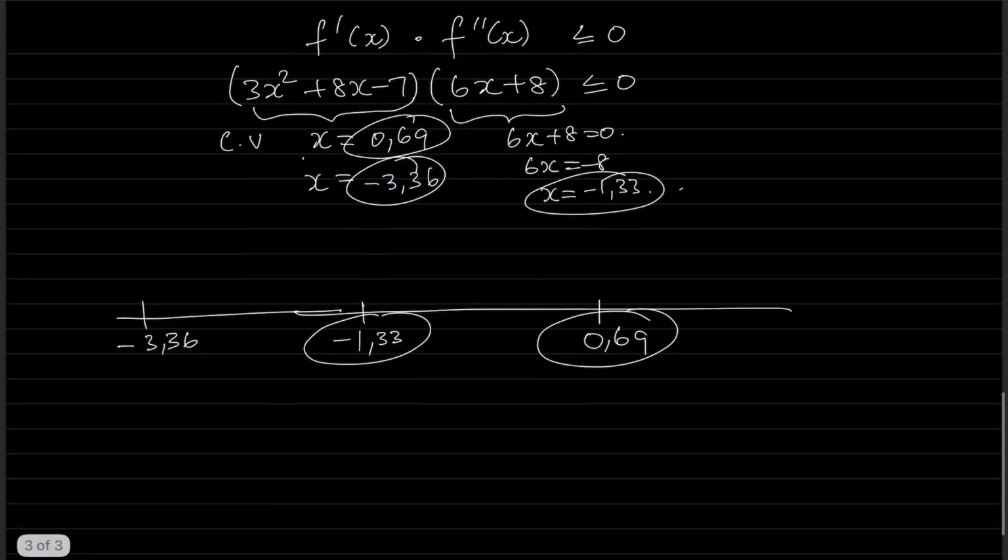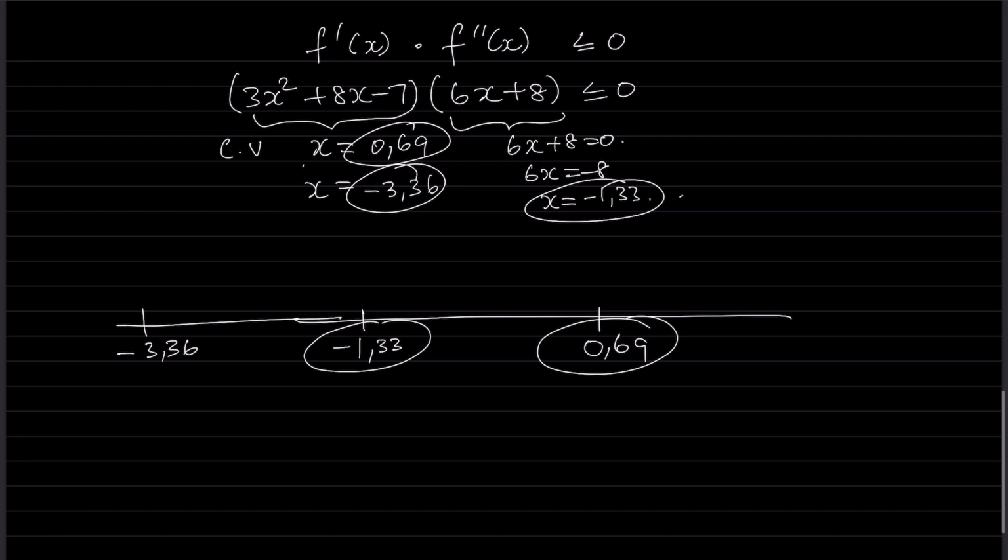But the benefit of doing it this way is that it's only focusing on the critical values, the values that are important. Now all we have to do is substitute a value in for x to see whether we get a positive or a negative value. Now, I want to substitute negative 2, because negative 2 is somewhere in here.